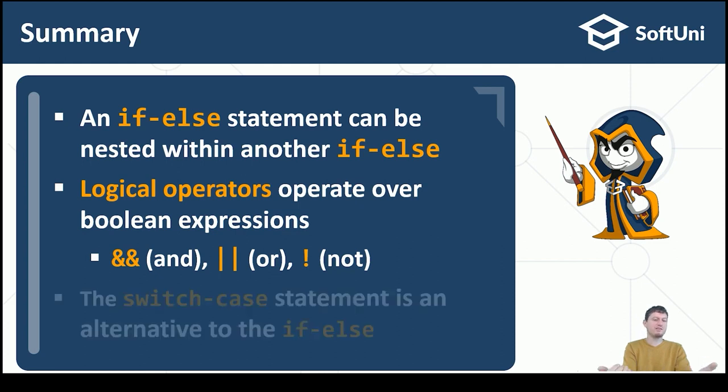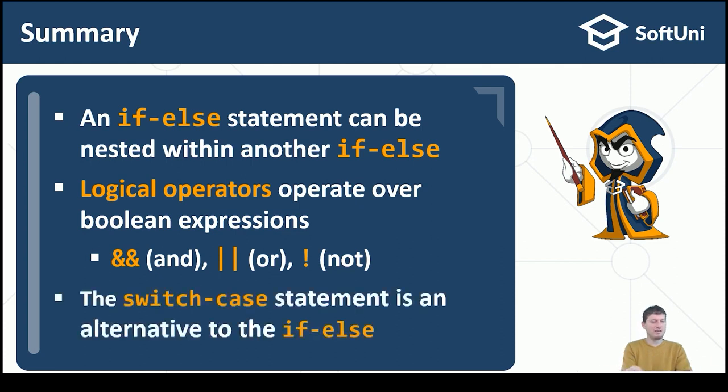Together with the nested ifs, we can check almost everything. And the switch-case statement is an alternative to the if-else, where we have a single expression and we check it for many values. It's very useful with multiple labels, where we can check for many values and do the same thing for this or this or this.